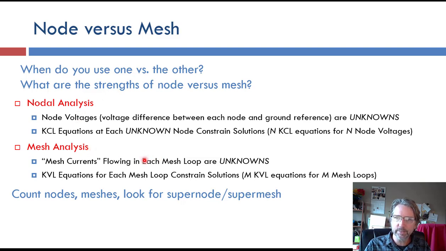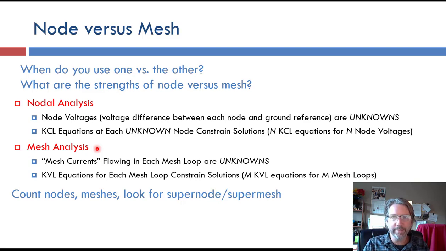Mesh analysis solves for mesh currents. So if you want currents, maybe do mesh analysis because it will give you the answers. If you find the currents, you can go back and get the voltages as a post-processing step. So either way will work, but node analysis directly gives you voltages. Mesh analysis directly gives you currents.